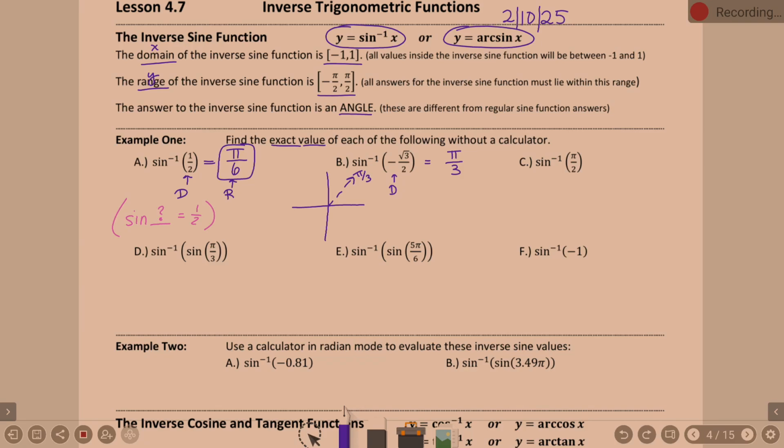Well, I'm not allowed any answers over here in quadrants 2 or 3. Sine is positive in quadrant 1. So what do we have to use to get a negative sine value here? We're going to have to use the equivalent angle down here. So what is equivalent to pi over 3, but down in quadrant 4? Thoughts?